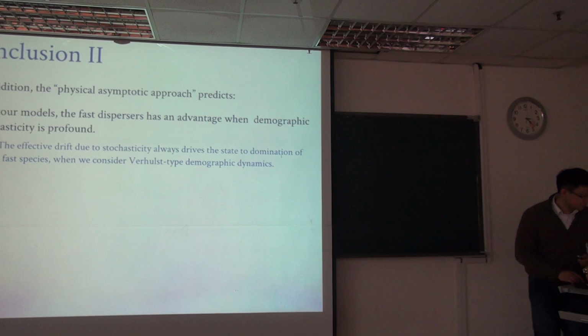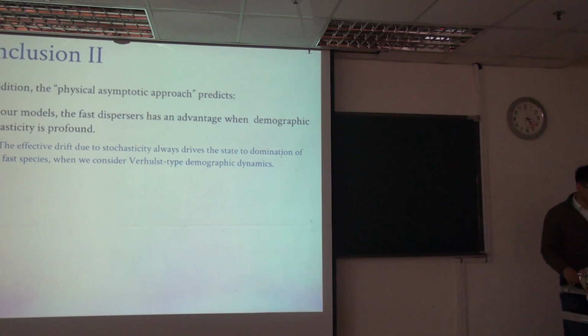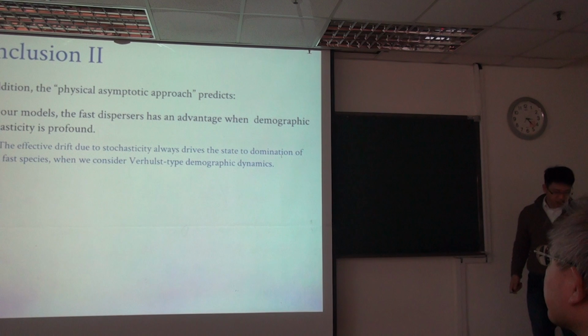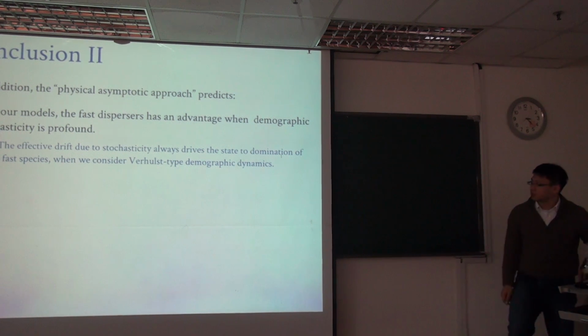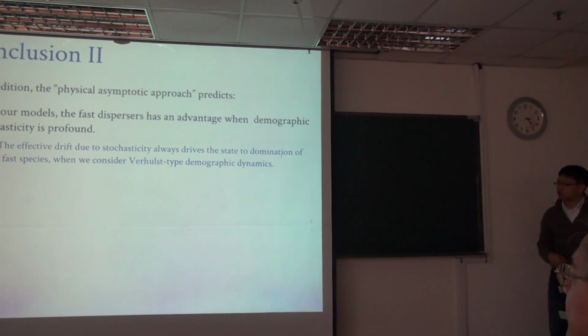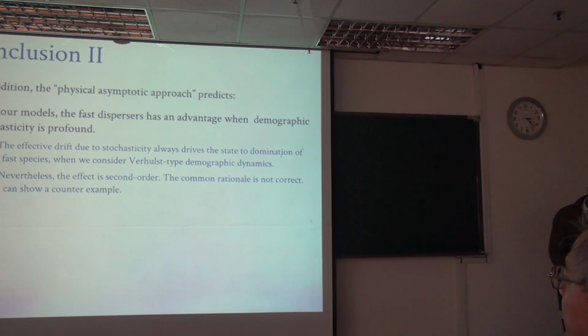Nevertheless, in our computation it shows up to be a very weak effect, in the sense that it shows up in the second order of the perturbation theory. So what that means is that the common rationale is not correct.